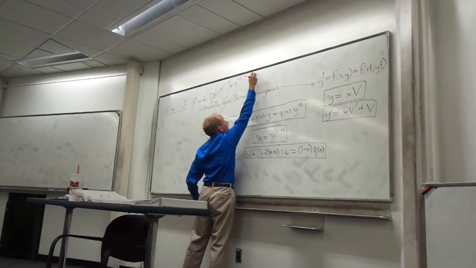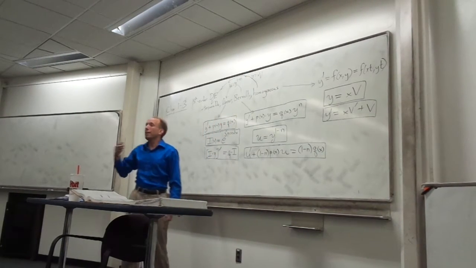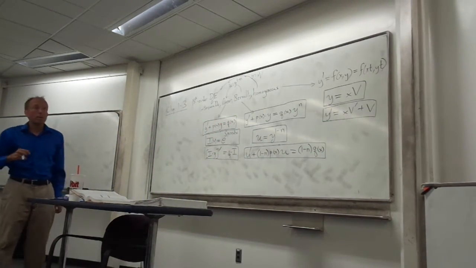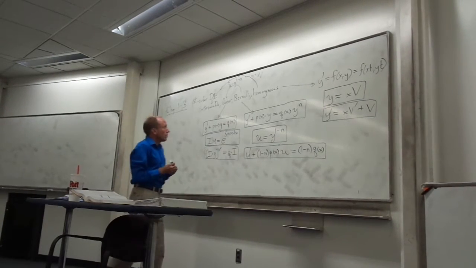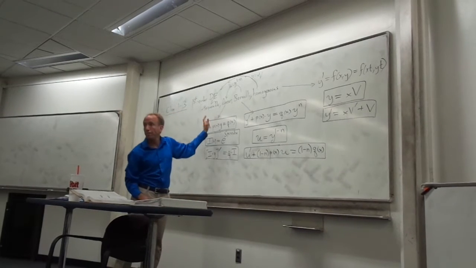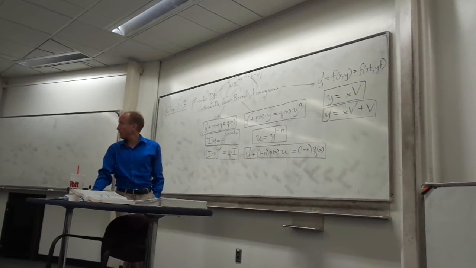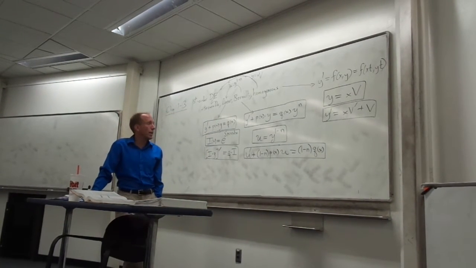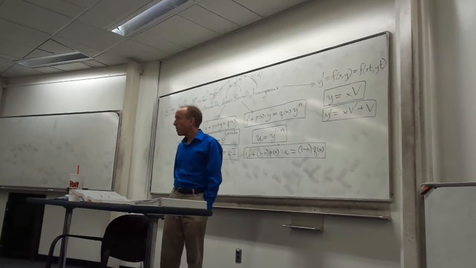So after you apply y equals xv, you're going to end up with a separable problem. Okay? So Bernoulli equations become linear, homogeneous equations become separable. Right. Does that make sense? So this is the idea of change of variables here.